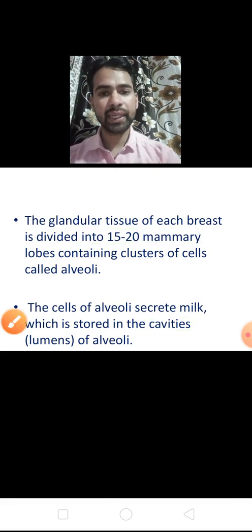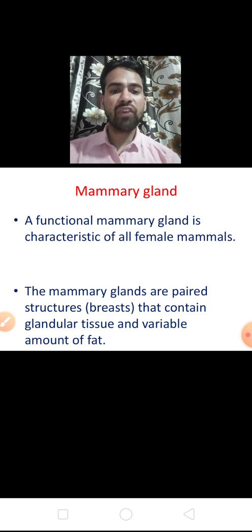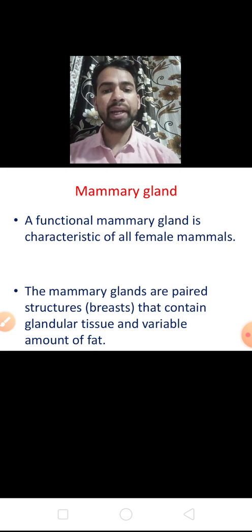I repeat once again, mammary glands. A functional mammary gland is a characteristic of all female mammals. Structurally, a pair of mammary glands is present in the female, made up of glandular tissue in which fat is present.